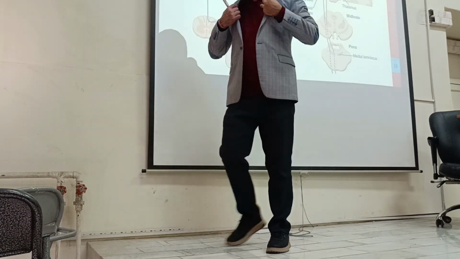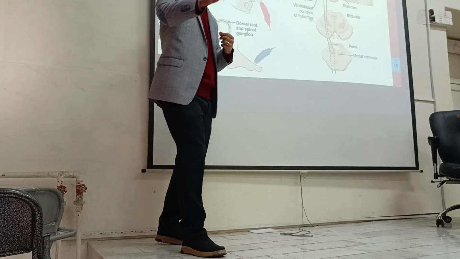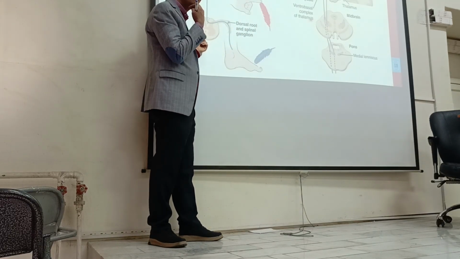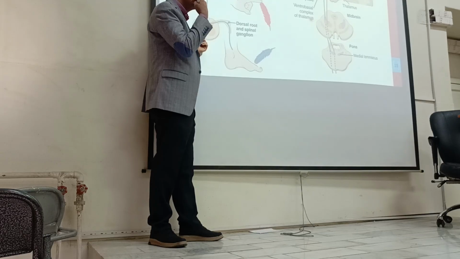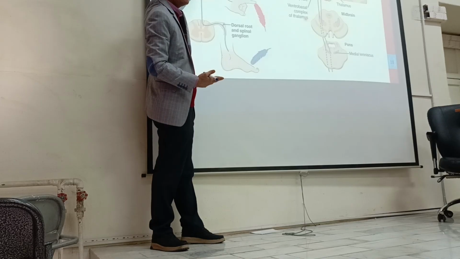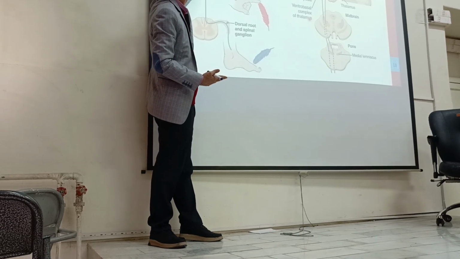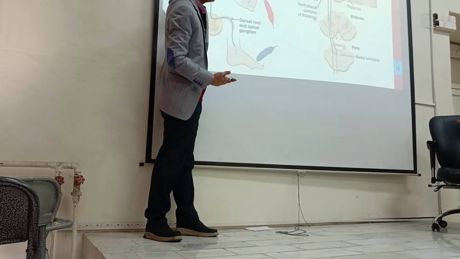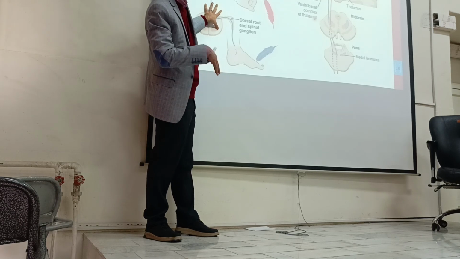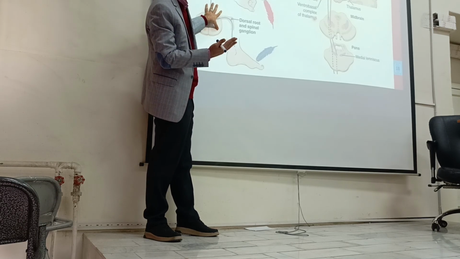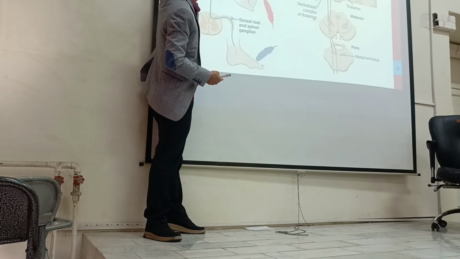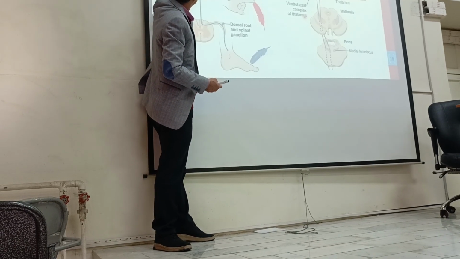Got this? One thing more, only one thing more. So I told you that fibers from the face enter directly the medial lemniscus. When they come here in the medial lemniscus, they are located more medially. So in the spinal cord, we don't have any fiber from the face. But here we have fibers from the face. So we have leg, arm, face.